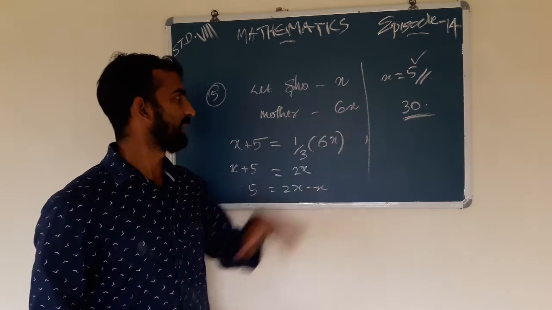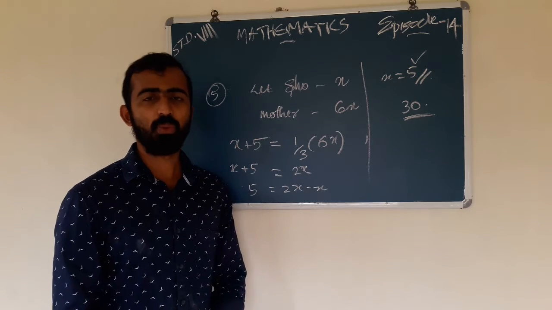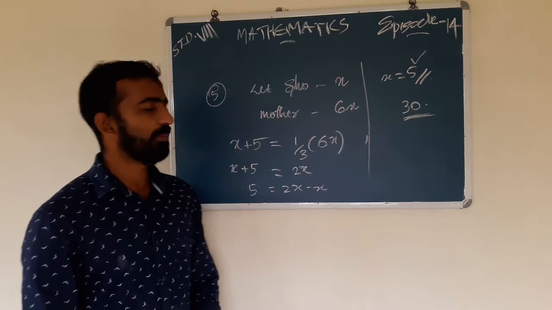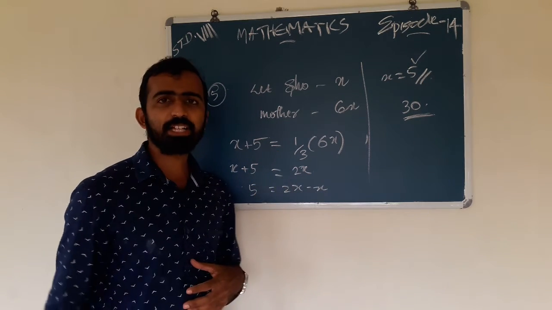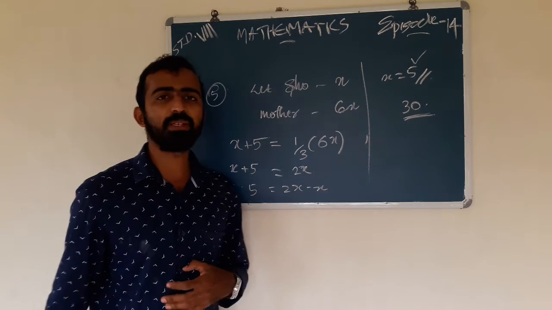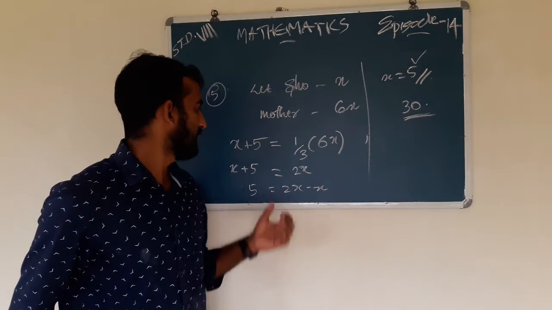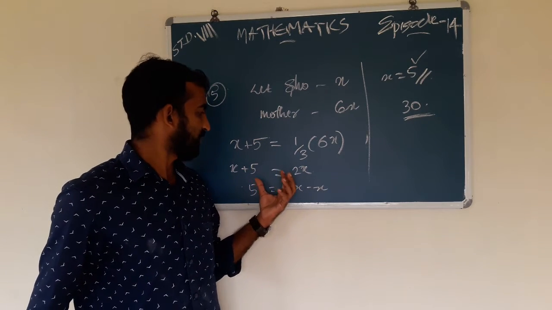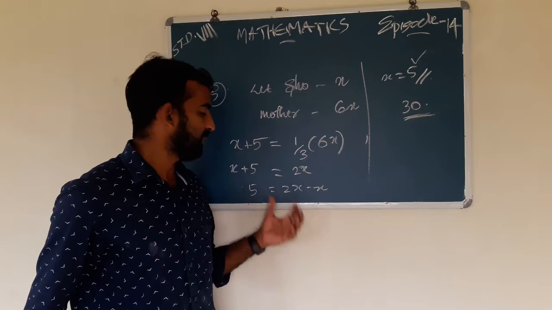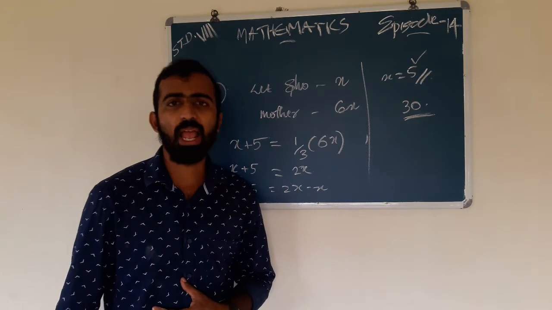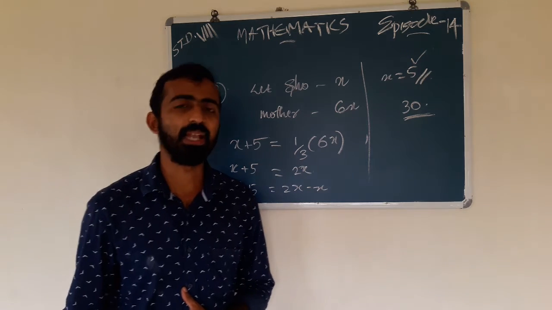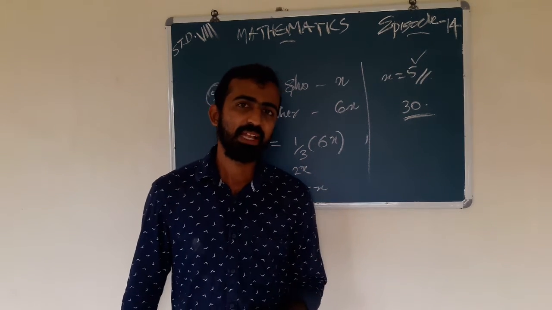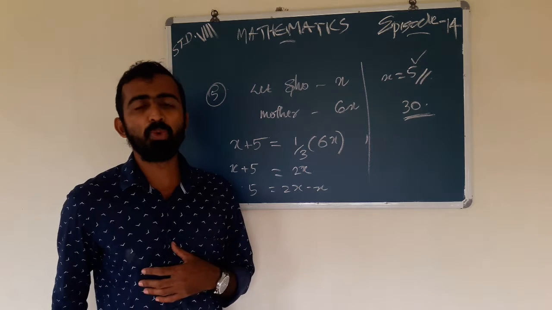Let Shobu's age be x and mother's age 6x, then x plus 5 equal to 1 by 3 of 6 into x. That is x plus 5 equal to 2x, 5 equal to 2x minus x, so we get x as 5. x means Shobu's age.